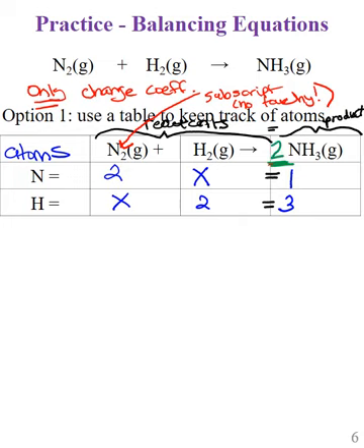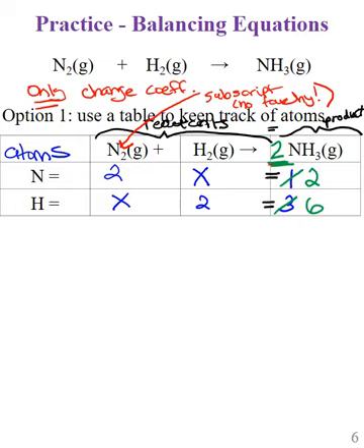Now if we add a coefficient, we're going to change our numbers. Instead of 1 nitrogen, how many nitrogens do I now have? 2. Instead of 3 hydrogens, how many do I now have? 6. Because 2 times 3 will be 6.